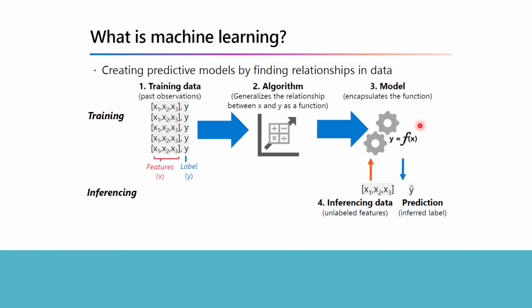Once it is trained, our model is ready. Now we can give some values of x2 and x3 which my model has never seen, and I will get the prediction: the price of my house for that unlabeled data. This data I am using only for training. Any questions?